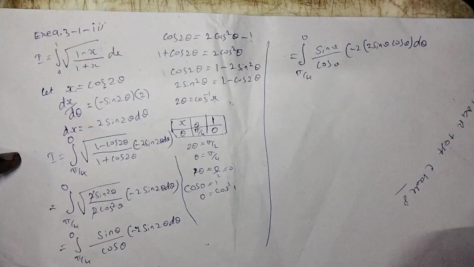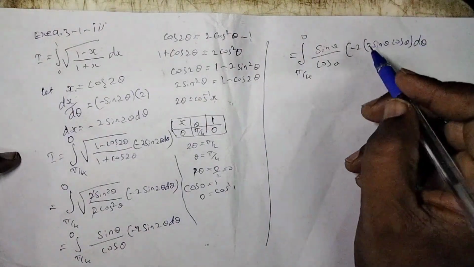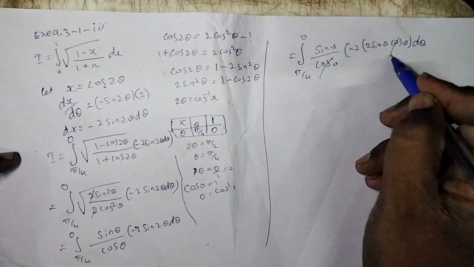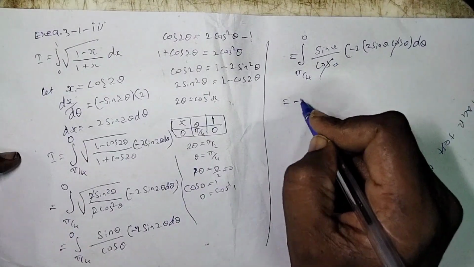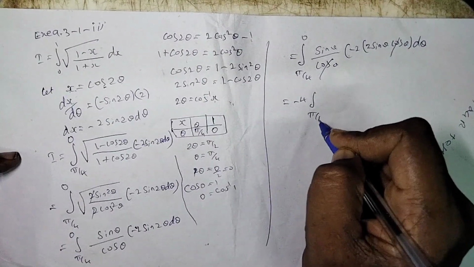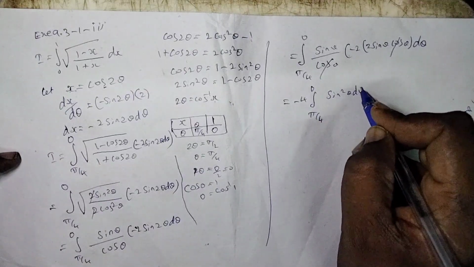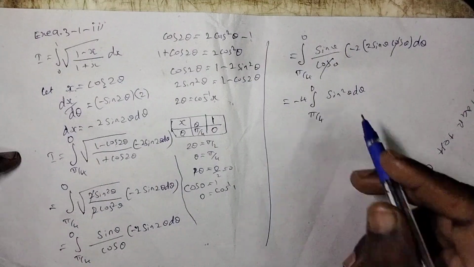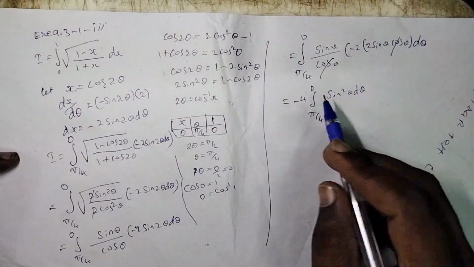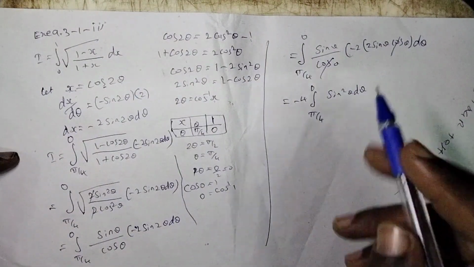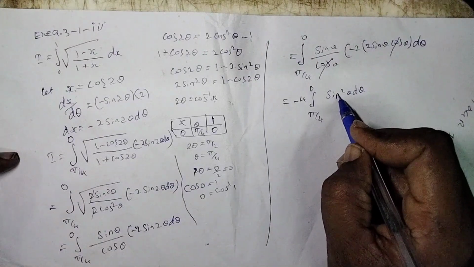So the integral from pi by 4 to 0 of sin theta by cos theta times minus 2 times 2 sin theta cos theta d theta. Now cos theta is eliminated, and 2 into 2 is 4. Take minus 4 outside the integral from pi by 4 to 0, then we have sin square theta d theta. We don't have a direct integral of sin square theta, only of sin theta and cos theta.